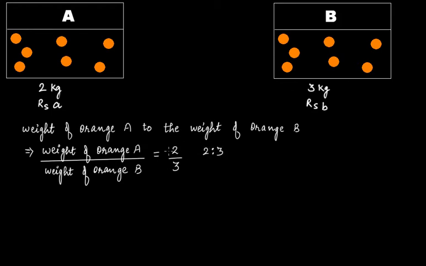This is the ratio of the weights of orange being sold at shop A to the weight of orange being sold at shop B.